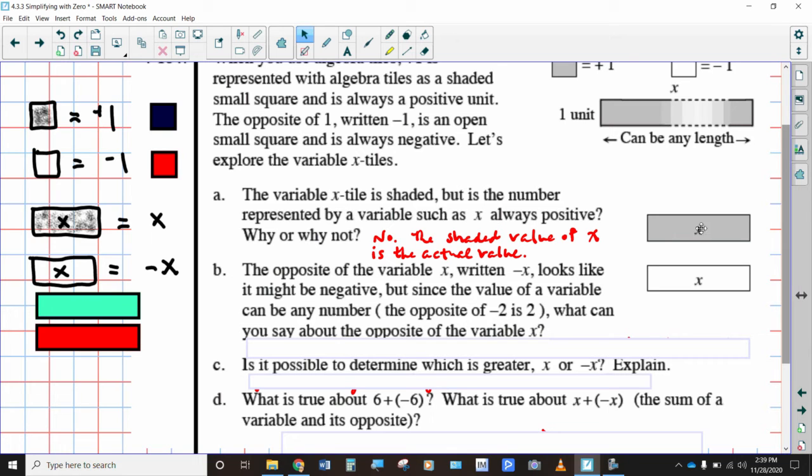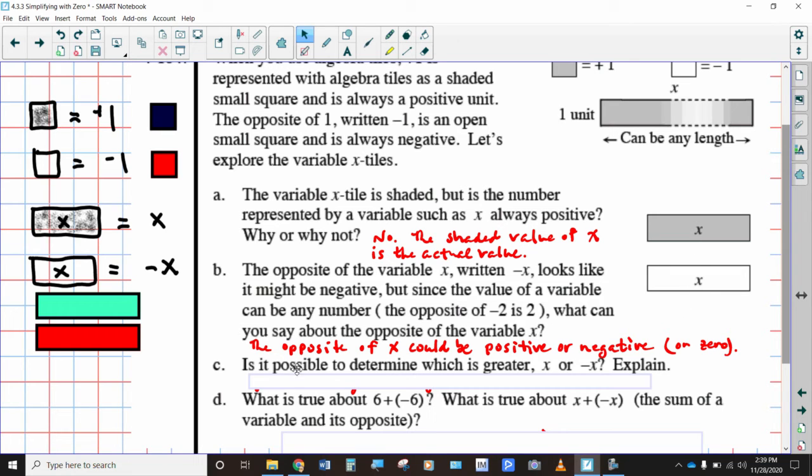But if x were equal to -2, then this would be equal to +2. So just because it's white in the books or red when we're using the manipulatives doesn't necessarily mean that our variable is going to be opposite. So the opposite of x could be a positive or a negative, or technically it could be equal to 0. If x is equal to 0, then the opposite of 0, right?